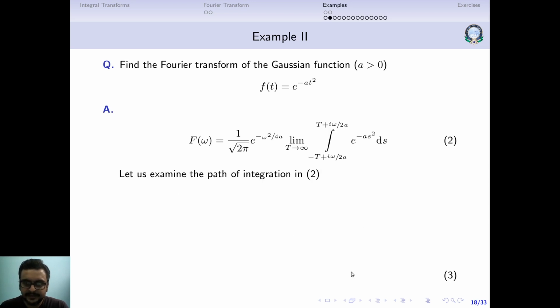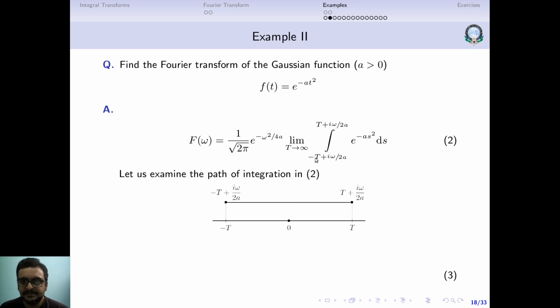Before we make the substitution to solve this, let us have a look at the path of integration, because what kind of integration are we doing? This is a complex number and this is another complex number, so we are going from one complex number to another. What is the path of integration? I choose some value T, so we have minus T and plus T on either side of the origin.